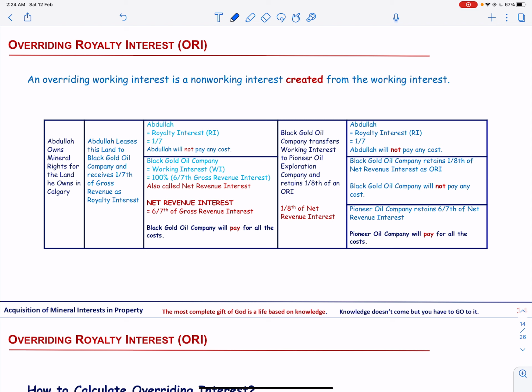Oil and gas companies lease subsurface rights from mineral owners through a working interest lease to explore, drill, and produce the mineral reserves. In exchange, the landowner receives a royalty interest in the mineral estate.